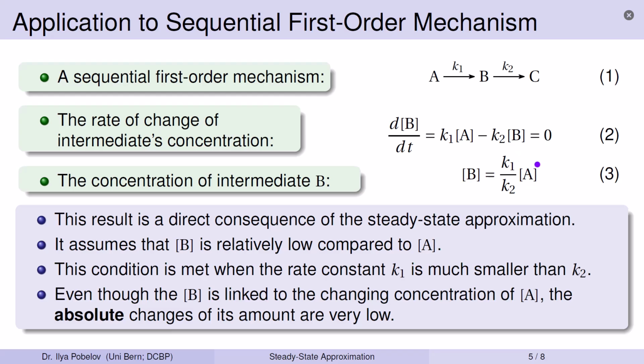As a result, even though the concentration of B is linked to the change in concentration of A, the absolute changes of its amount are very low, especially when k1 is significantly smaller than k2. This fulfills the two key requirements of the steady-state approximation: the low concentration of the intermediate and its negligible change over time.